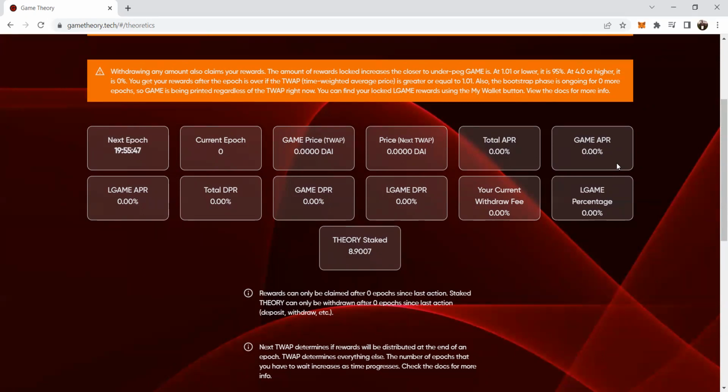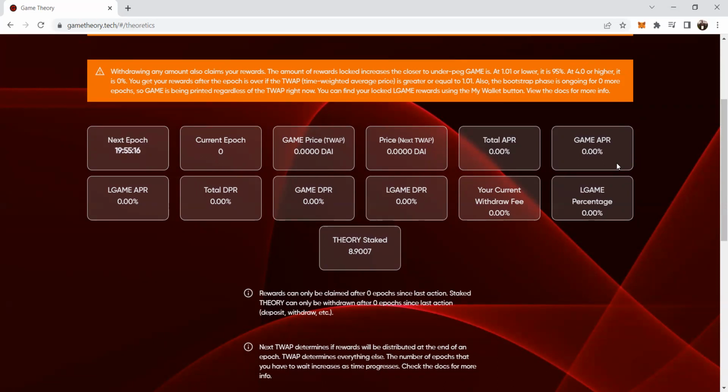As the TWAP gets higher and higher, the percentage of unlocked Game increases, so a higher percentage of it is Game tokens versus locked Game tokens as the time-weighted price average increases, to the point where when the time-weighted price average is $4 or above, 100% of the tokens are unlocked Game tokens and 0% are locked Game tokens. So above $4, 100% are unlocked.